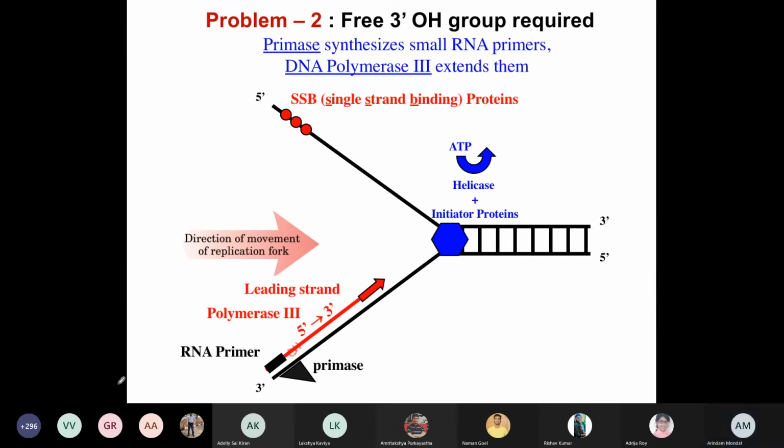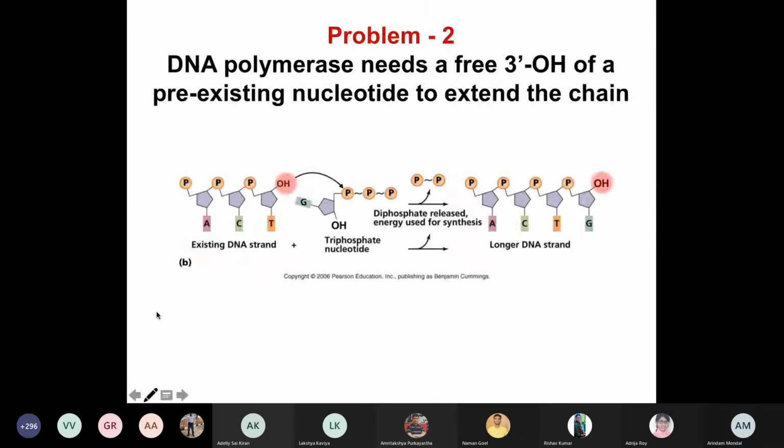Now, if you look into this particular reaction again, this is the 5' phosphate and this is the 3' OH.